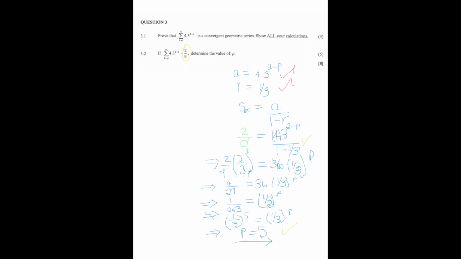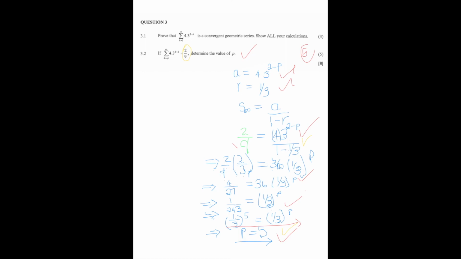Your second mark will be for correctly substituting into this equation. Your third and fourth marks will be for correctly simplifying and reducing to this equation. And your fifth mark will be for the value of p. That gives you a total of 5 marks, and then we're done with question 3.2.